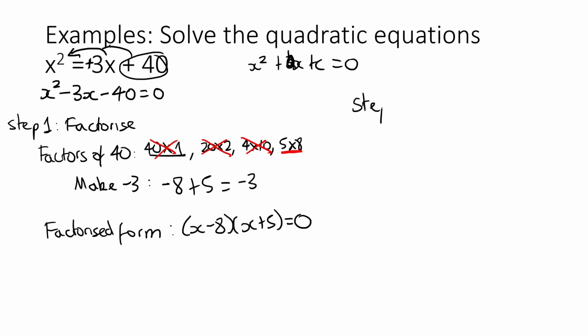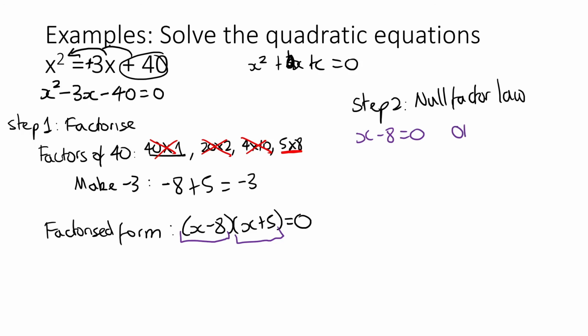Last bit is to use the null factor law. Same as before, one of them will be equal to 0. So you get x minus 8 is equal to 0, or x plus 5 is equal to 0. Move your numbers to the other side. x is equal to 8, or x is equal to -5. That will be your answer.